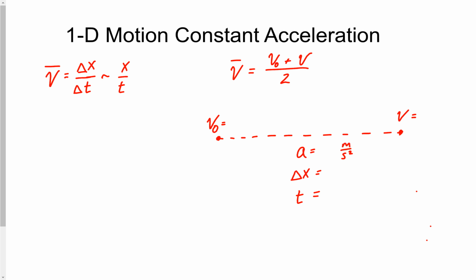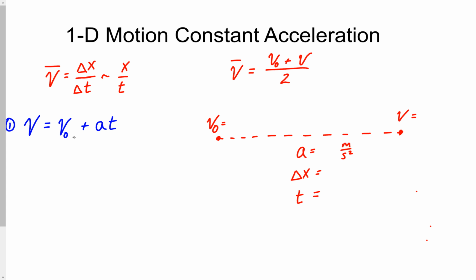All right, let's go through your other kinematic equations. We've got this one, which is basically your general acceleration equation, solved for velocity. I usually refer to this as the first kinematic equation. So if you see me say, use the first equation, I'm referring to this one.